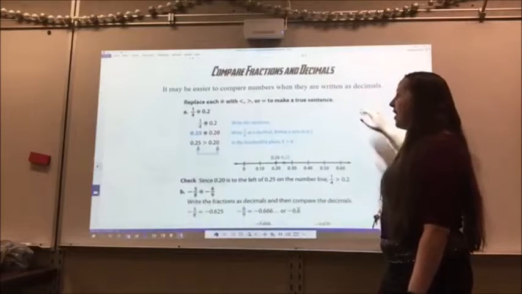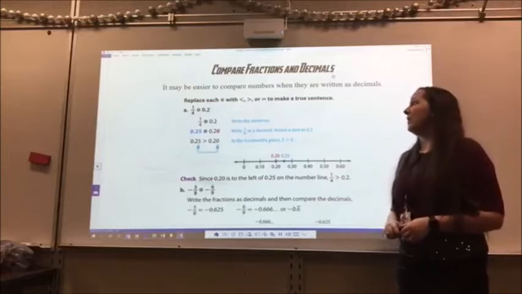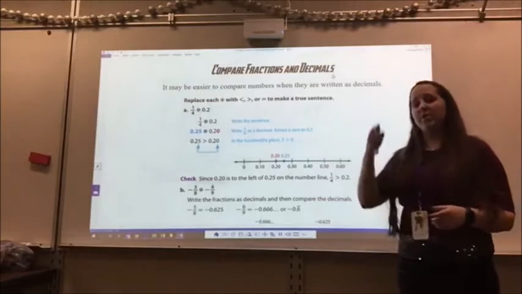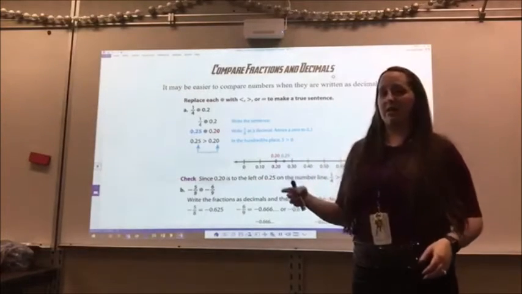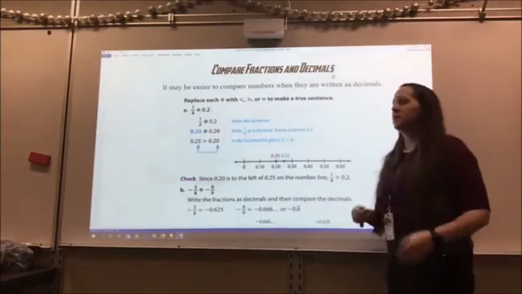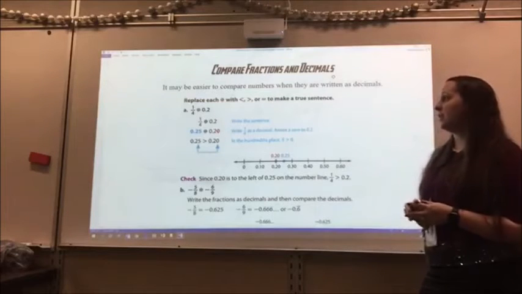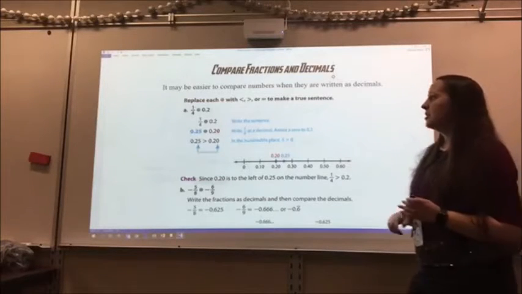When you're comparing fractions and decimals, it may be easier to compare numbers when they are written as decimals, because that way you can line up the decimal and add any zeros that you might need. So in this example, I want to replace the circle with less than, greater than, or equal to, to make a true statement.